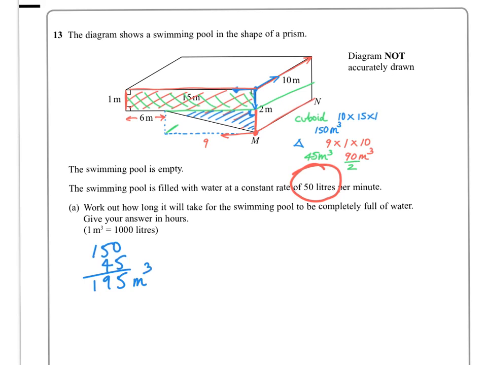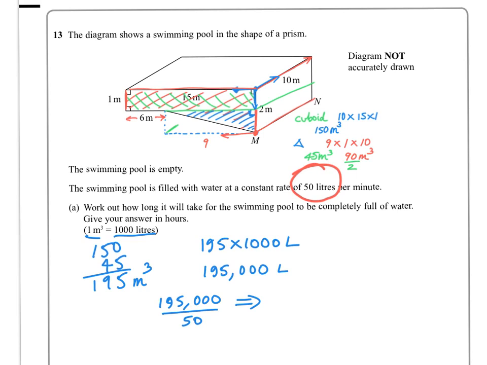You won't need a calculator for that. Now, 1 meter cubed is 1,000 litres, so we've got 195 times 1,000 litres, which, if you just say it, 195,000, it's easier to write. So 195,000 litres, and it's 50 litres per minute. So to work out how many minutes, we just take 195,000 and divide it by 50.